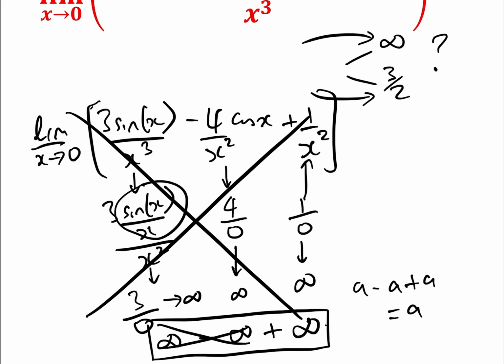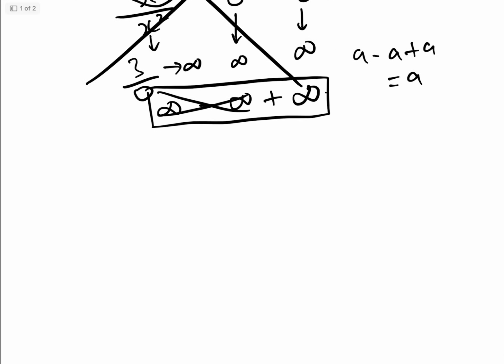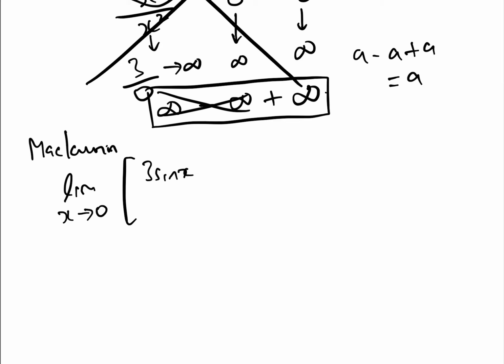So let's have a look at the right method now. First of all, we're going to use Maclaurin to expand this. So let's write it out again. That's the limit as x approaches 0 of 3 sine x minus 4x cos x add x, all over x cubed.